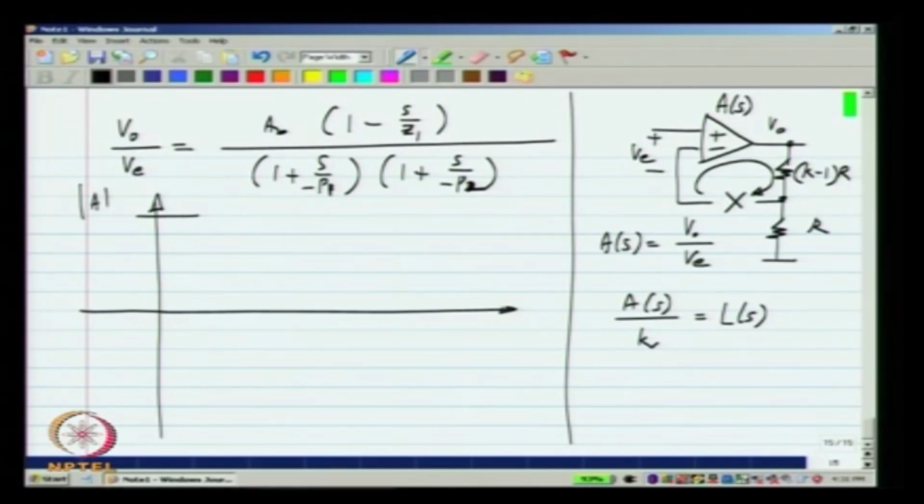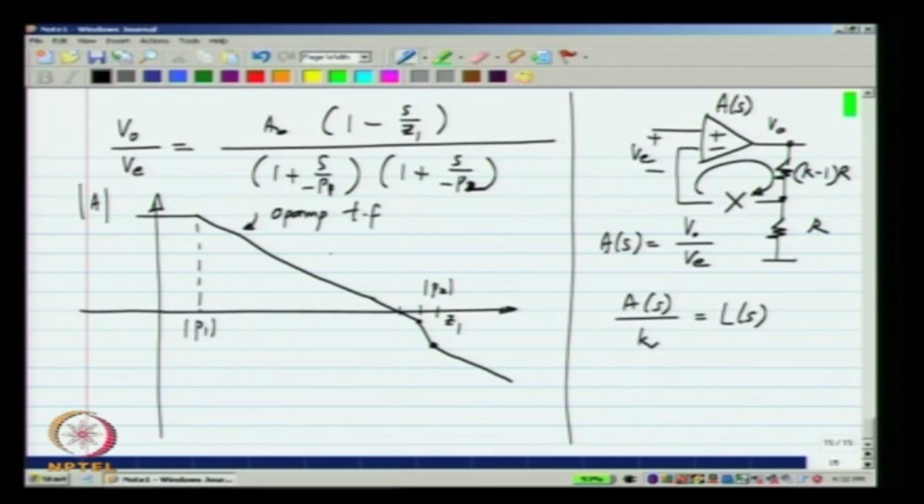So, this is modulus A, that is modulus V naught by V E, and it has a pole at P1 and a pole at P2 and a zero at Z1. Okay. This is the gain or the transfer function of the op amp.